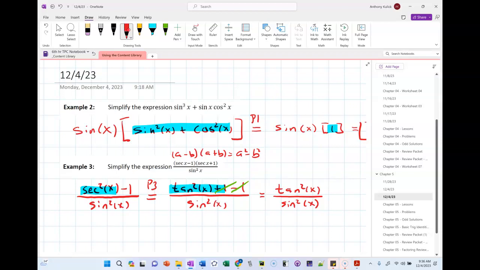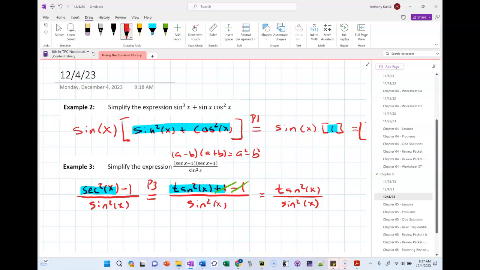Now we'd still like this down to a single thing though, right? We don't want to have a fraction if we don't have to have a fraction. So is there any algebraic thing I can do in this situation? Not really, right? Can you factor this? No, there's no addition and subtraction.